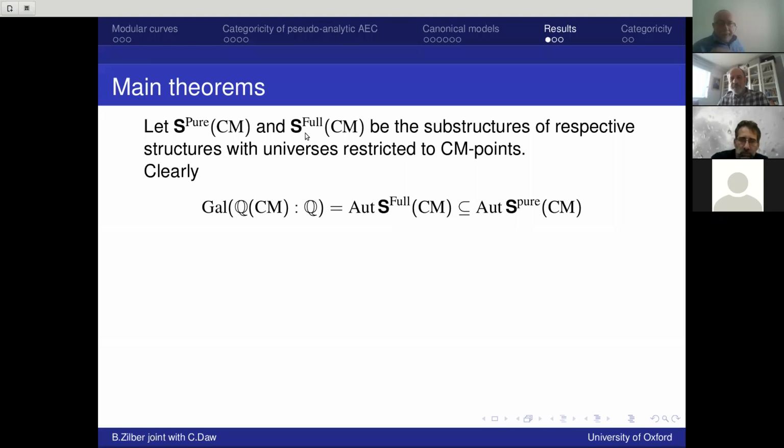Another version is that you want to see full relations, and it is clear that if you apply automorphisms of this structure with full relations, you have fewer automorphisms than in this case, and so you have this embedding. But by the nature of this construction, because CM points are algebraic, everything that you have on algebraic curves, you see this actually all comes from algebraic curves.